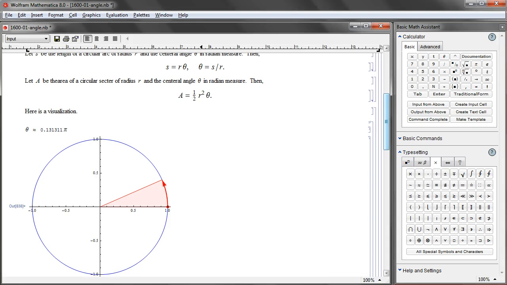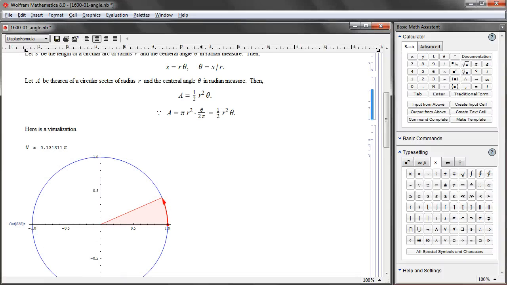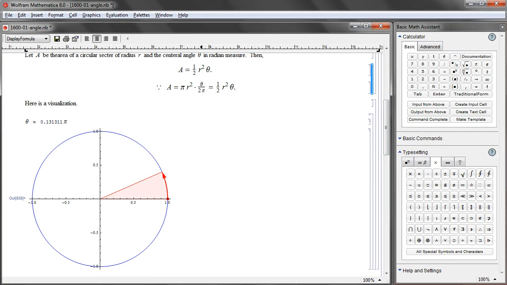Theta is of course 0.131 pi or something, but that's not really that important. The really important thing is how much portion this sector has out of the entire disk. That's given by theta over the entire angle 2 pi. Theta over 2 pi, that's the ratio you have to multiply to the area. So what's the area of the entire circle?